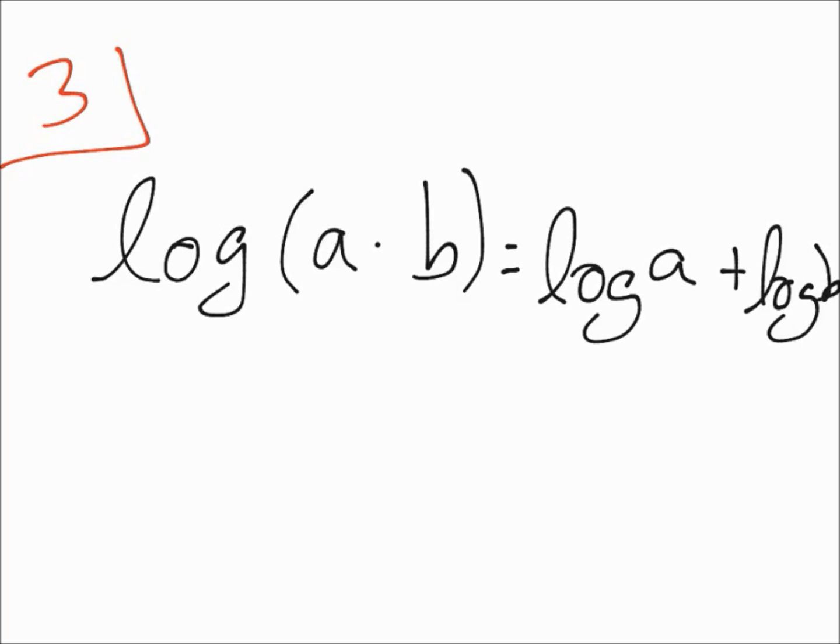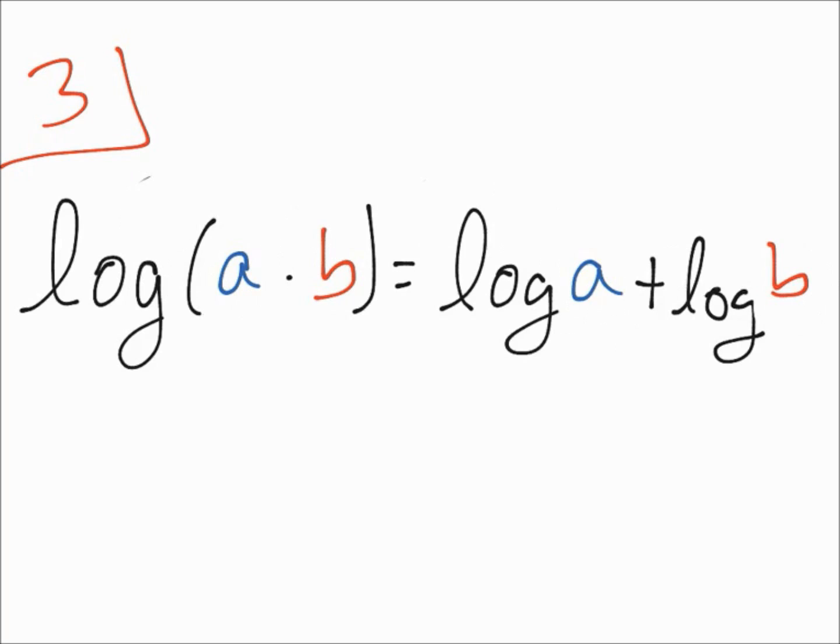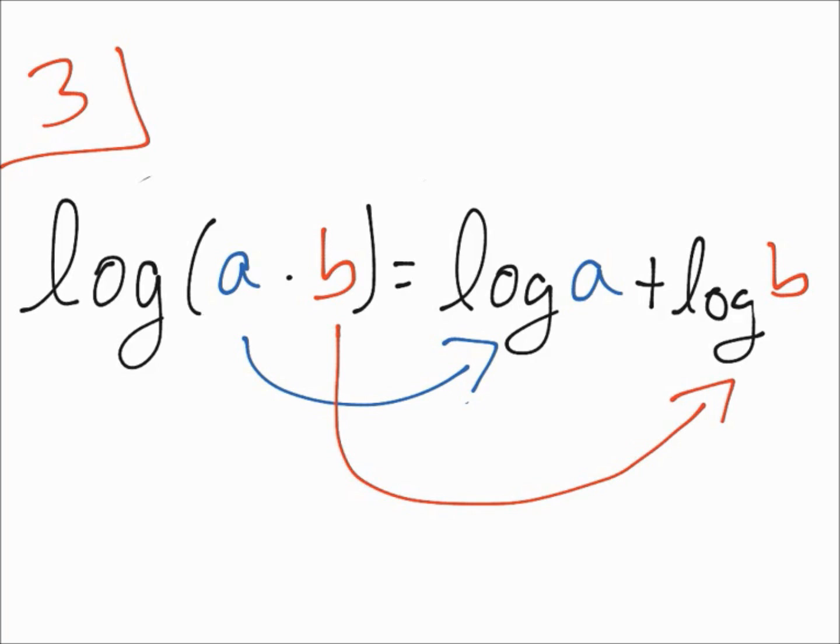Let me make it a little smaller. So whenever you have a multiplication, you will separate the logarithms into two parts. First it will go to the logarithm of the first factor, and then it will separate to the other factor. So you will have two different logarithms.